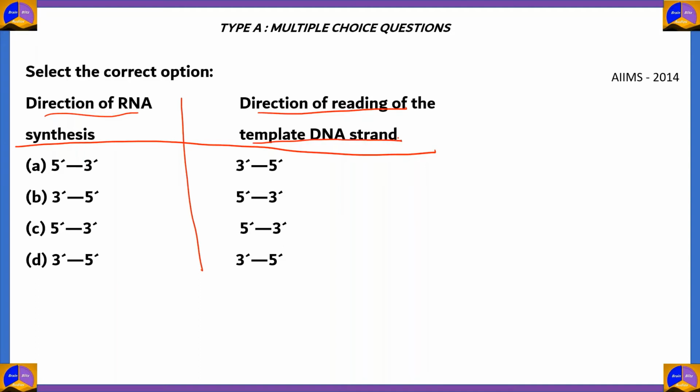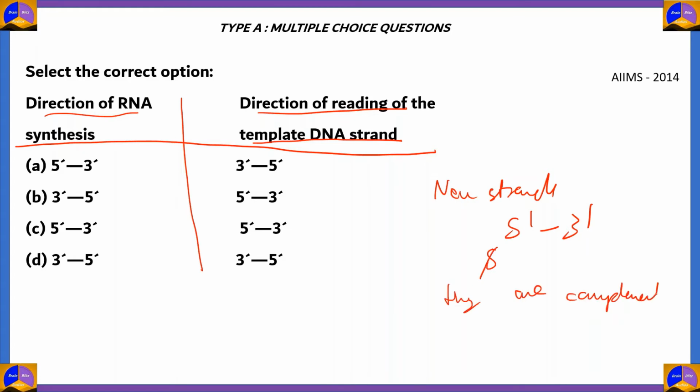So again, we use the first rule here. The first rule states that new strands of RNA are always from 5' to 3' end, and that they are complementary to the direction of parent DNA.